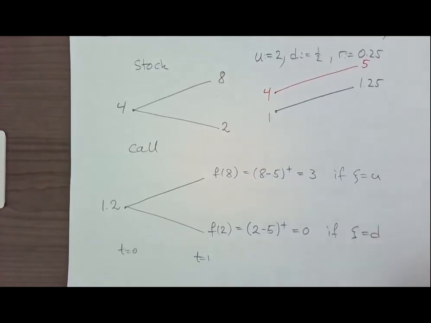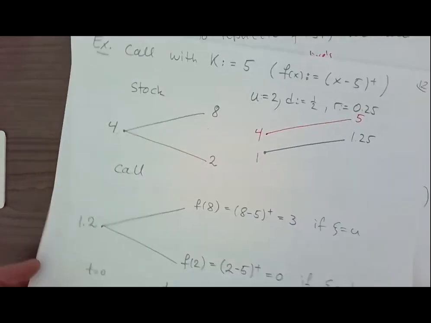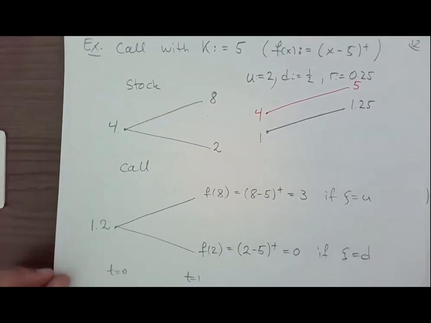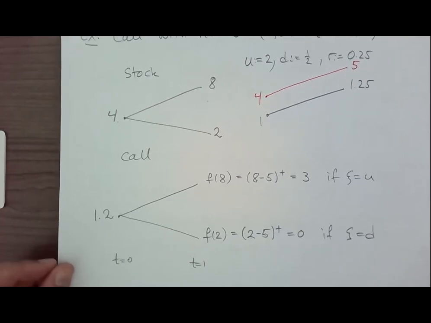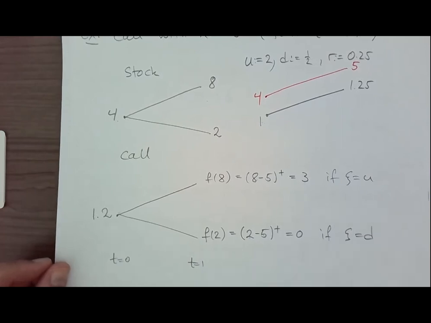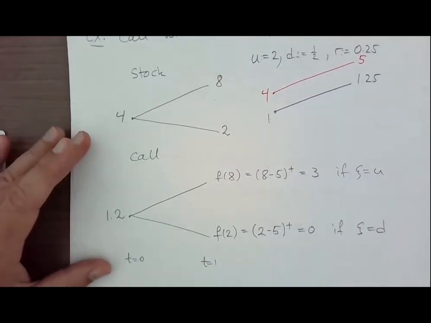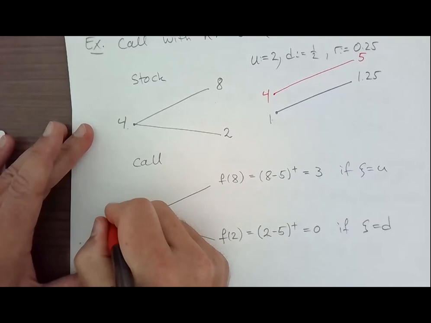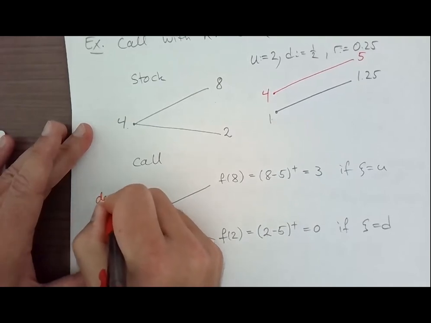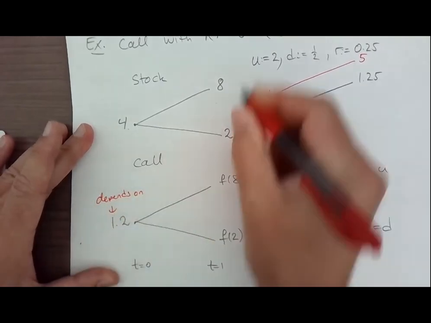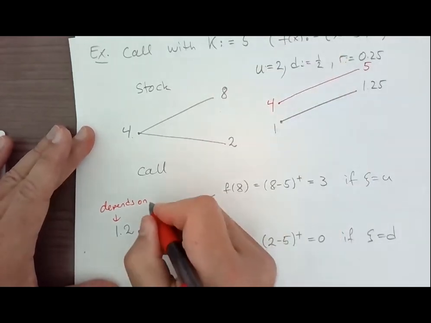Are there any questions on this part? So we should of course say here that this number depends on K being 5.